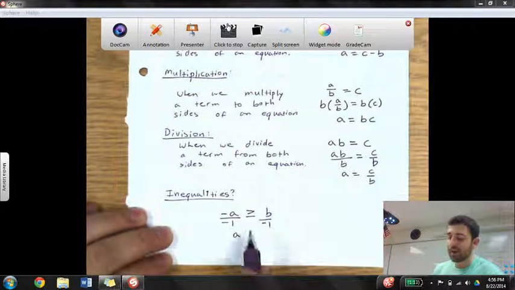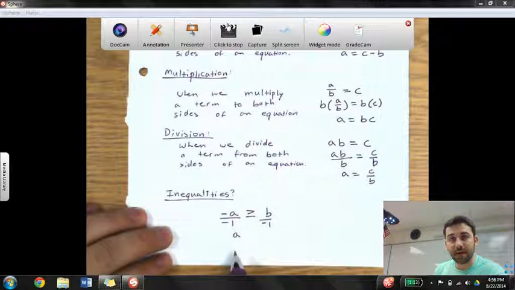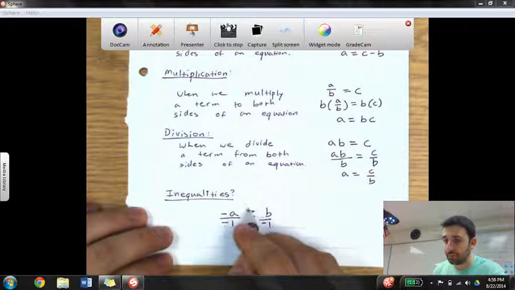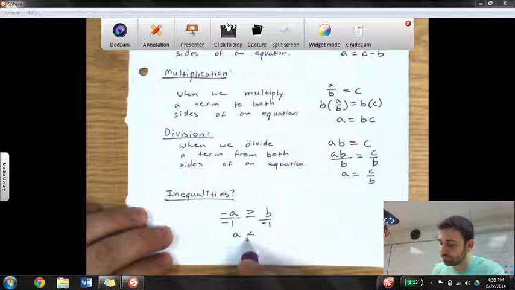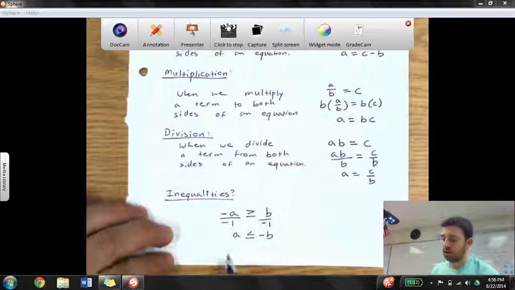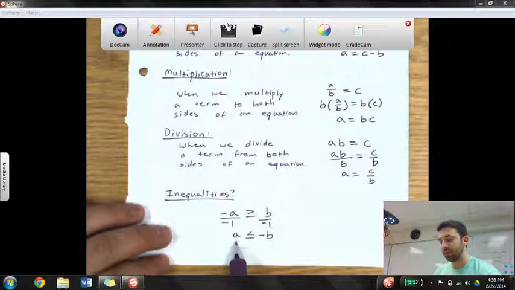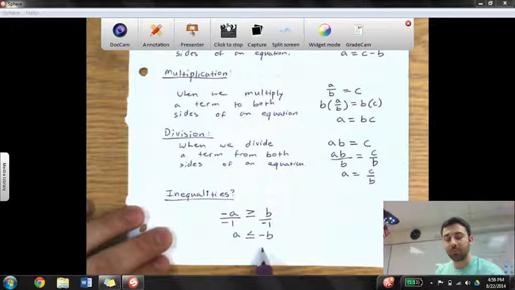And because we divided by a negative, we must flip our inequality sign. And our answer we were left with is A is less than or equal to -B.